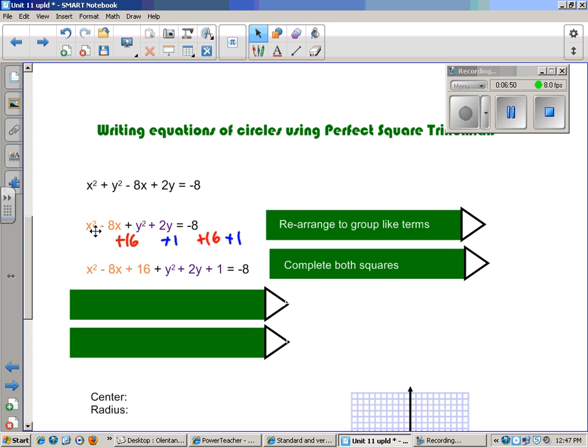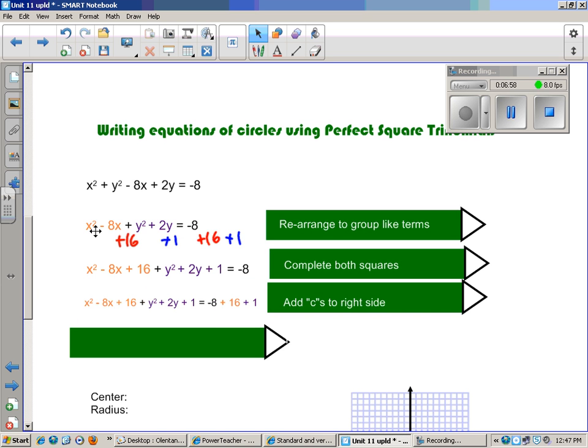Okay. So I get x squared minus 8x plus 16 and y squared plus 2y plus 1. But again, to keep that equation balanced, I have to add both my new c's to the right-hand side. Okay, and I can actually combine those. -8 plus 16 is 8. 8 plus 1 is 9. So you don't have to write those separately either.